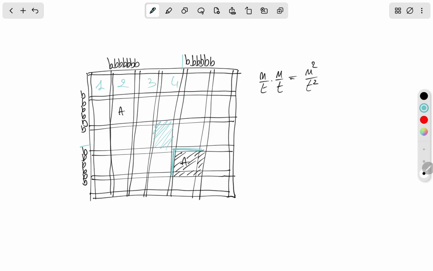How long does it take? What do I have to check in order to understand what is the submatrix that I want to read? First row, first column to match it, and then substrings.